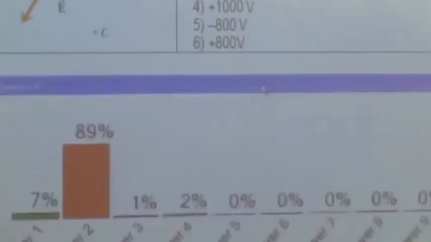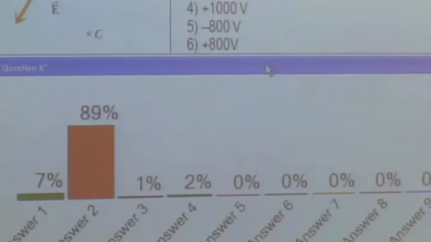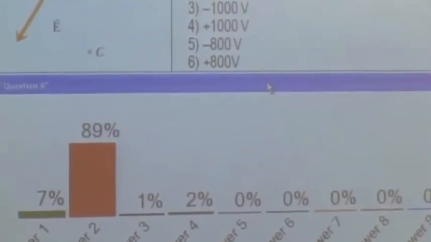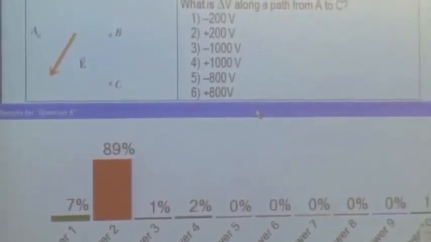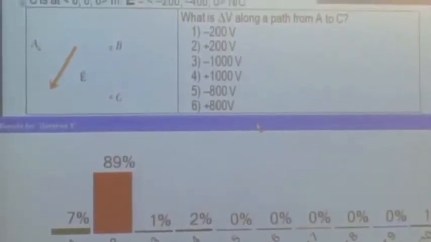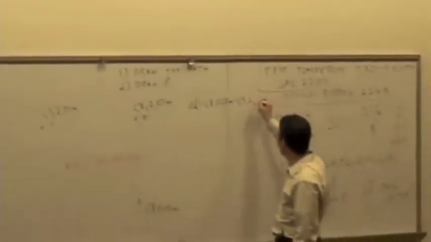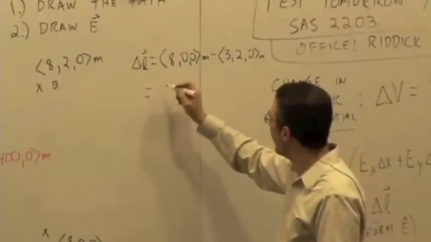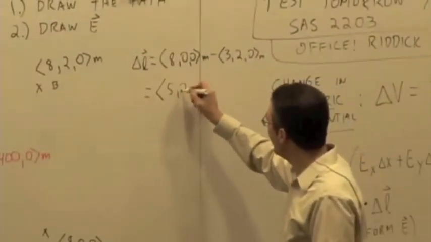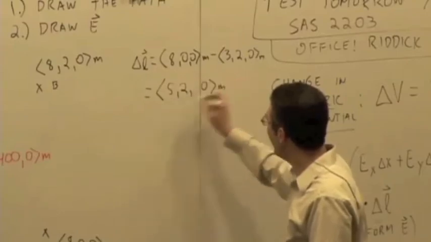Okay, so most of us are getting positive 200 volts. And so we can go through and do the dot product, and we'll just sketch it out real quick. We have a delta L, which I can say is final minus initial, right? So I have 800 minus 320 meters, final minus initial. And so we have 520 meters.